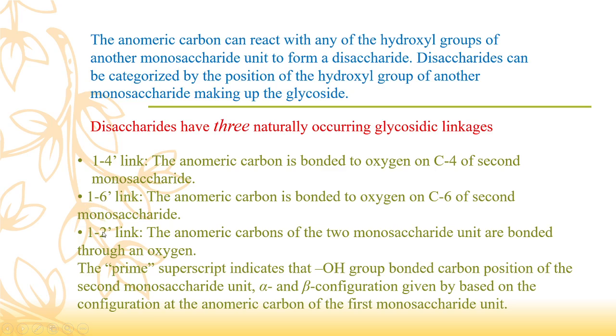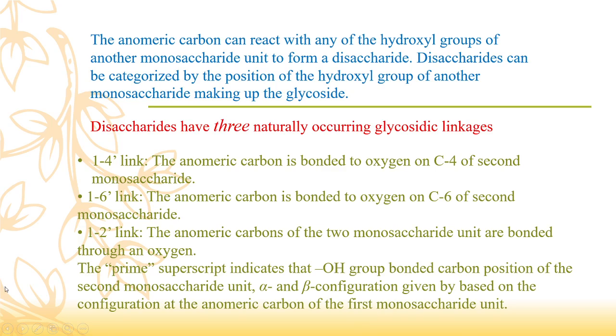When the anomeric carbons of the two monosaccharide units are bonded through the oxygen, then it is called the 1,1' linkage, and the prime subscript indicates the OH-bonded carbon position of the second monosaccharide unit. The alpha and beta configuration is given based on the configuration of the anomeric carbon of the first monosaccharide.